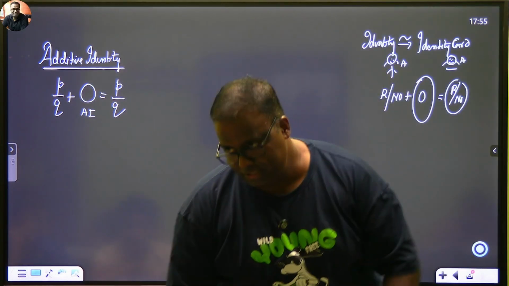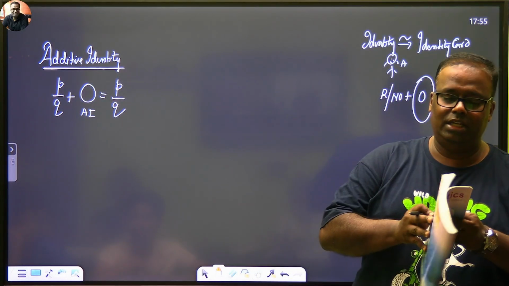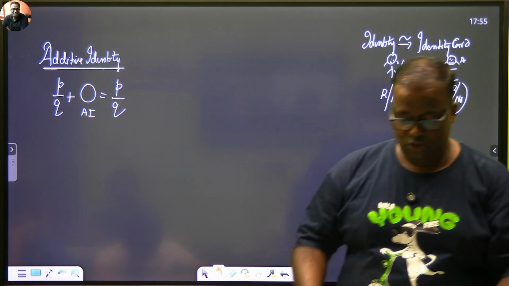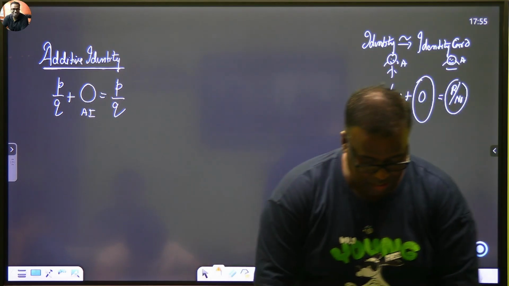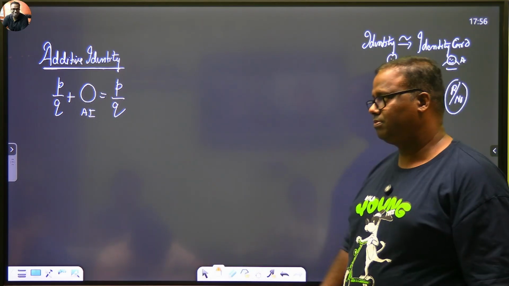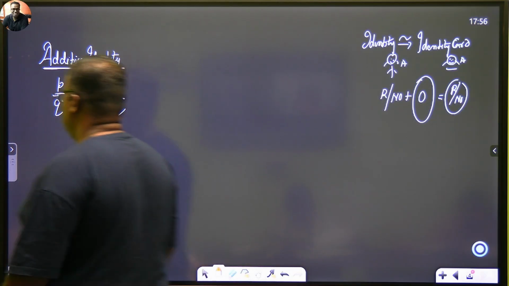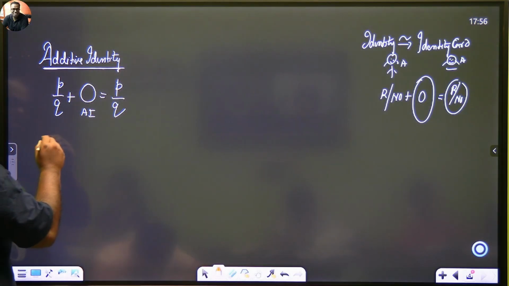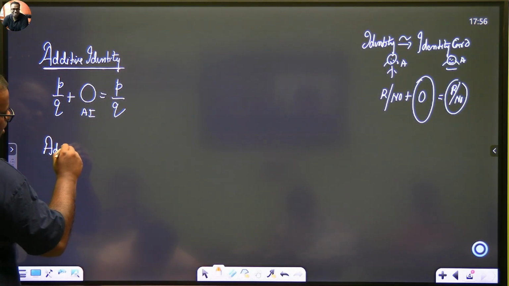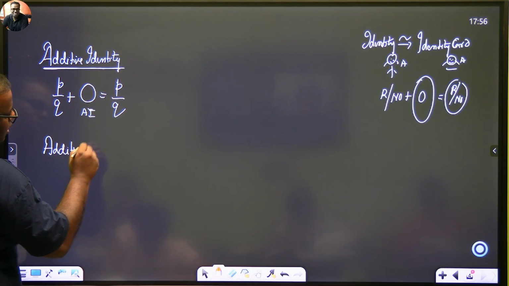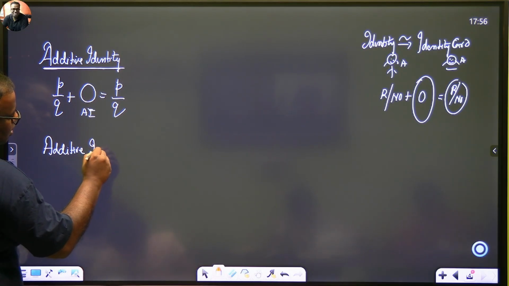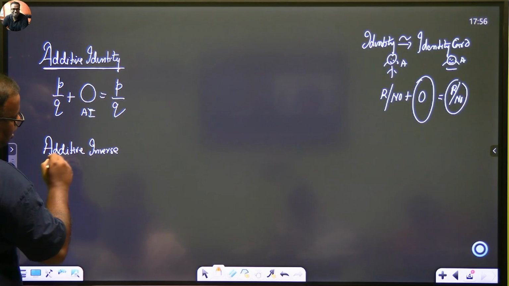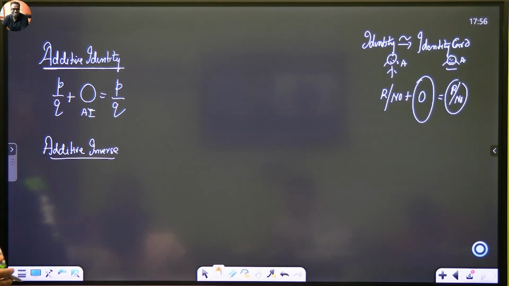Done additive identity. After we have done additive identity, we should also have something called additive inverse. हाँ, उसका भी तो समझना है ना. Additive inverse. इनवर्स की कहानी भी सुन लो, इनवर्स भी एक स्टोरी होना चाहिए ना.